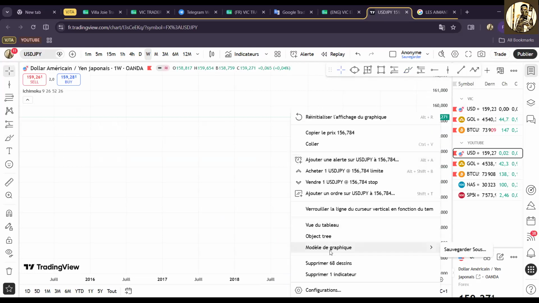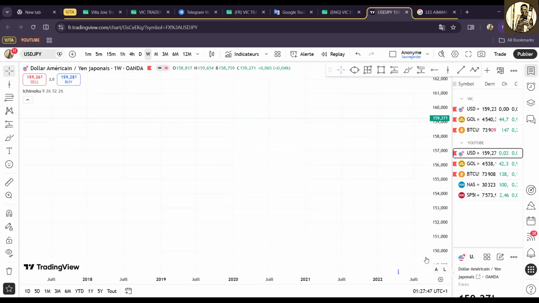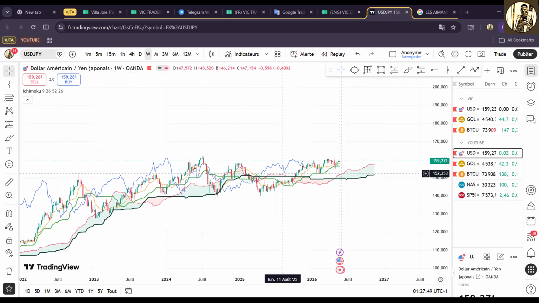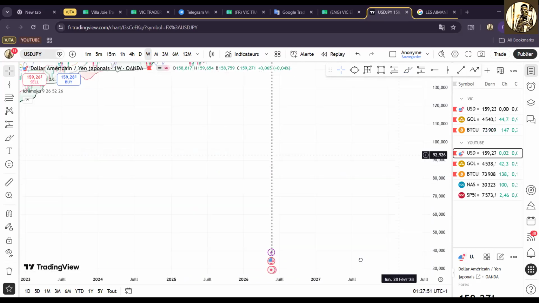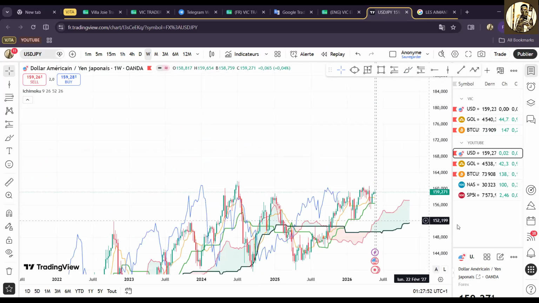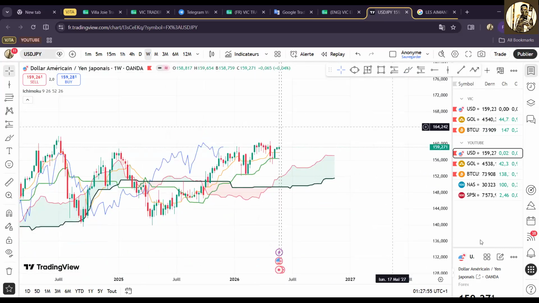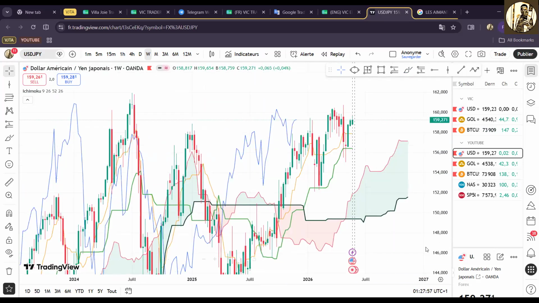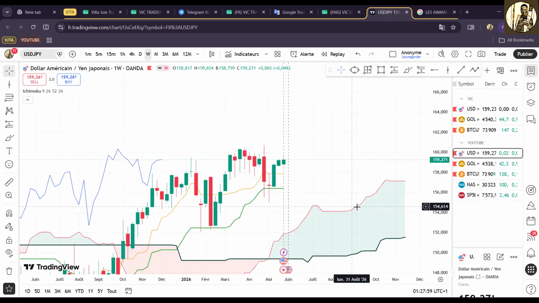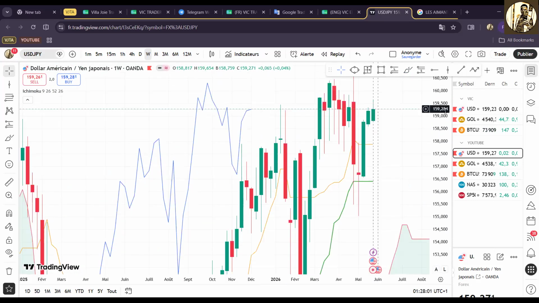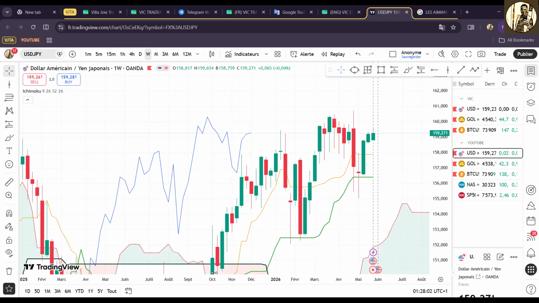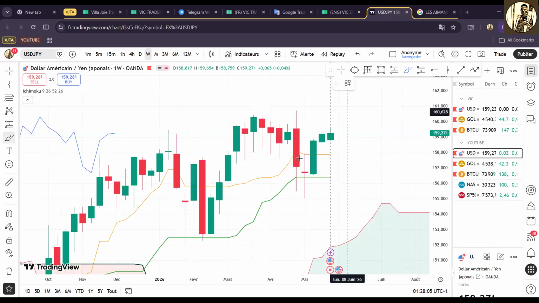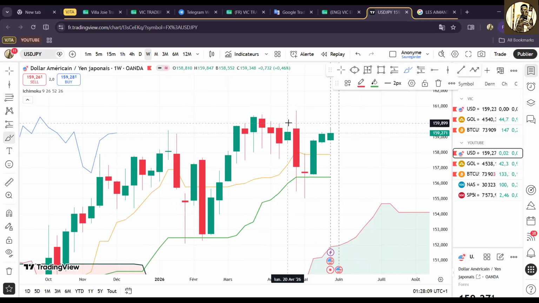On weekly, on USDJPY, you understand why some prices reverse out of nowhere. You see at this level.